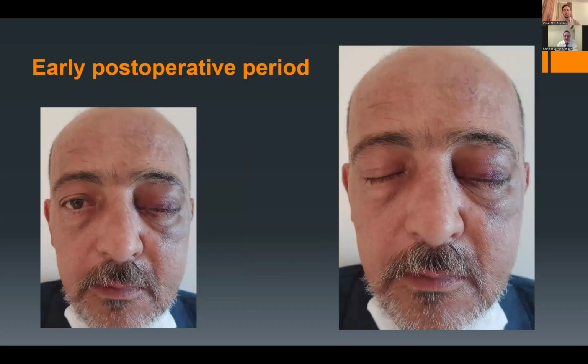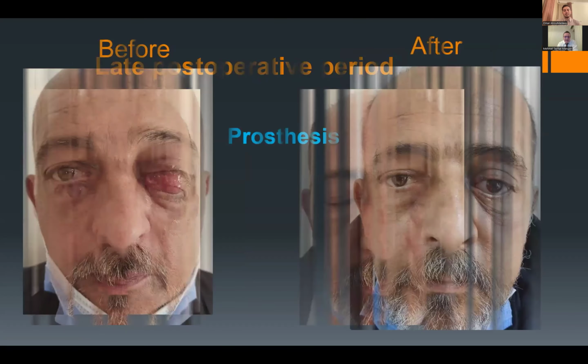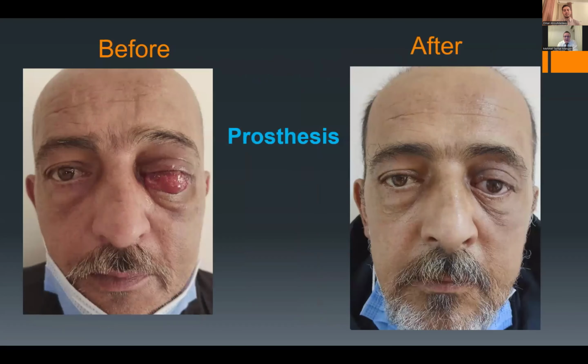The patient's pain was relieved and the orbital contents improved. In the late postoperative period, the patient has no pain, and we then fit a prosthesis in the left eye. This is before the surgery, and this is after the surgery.